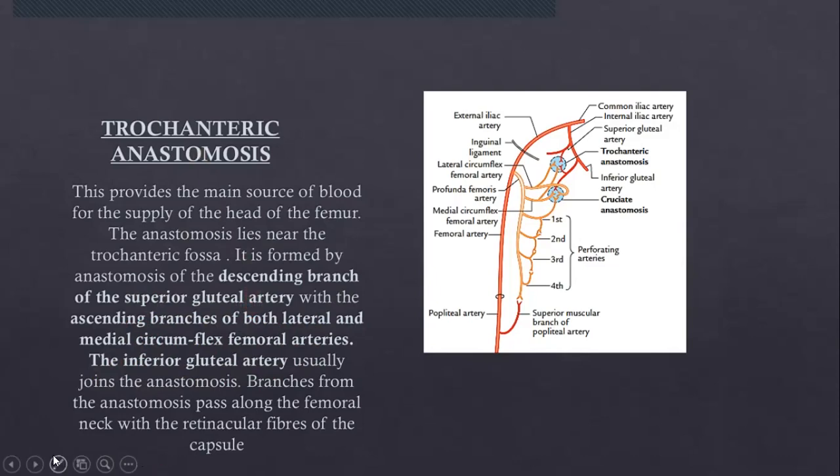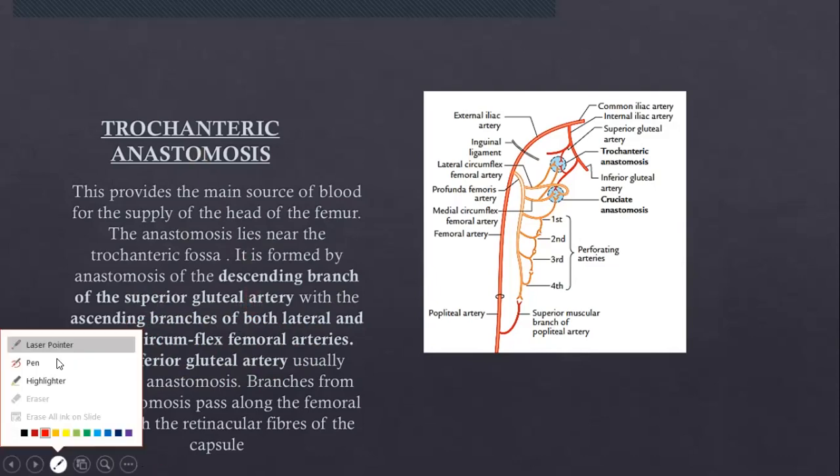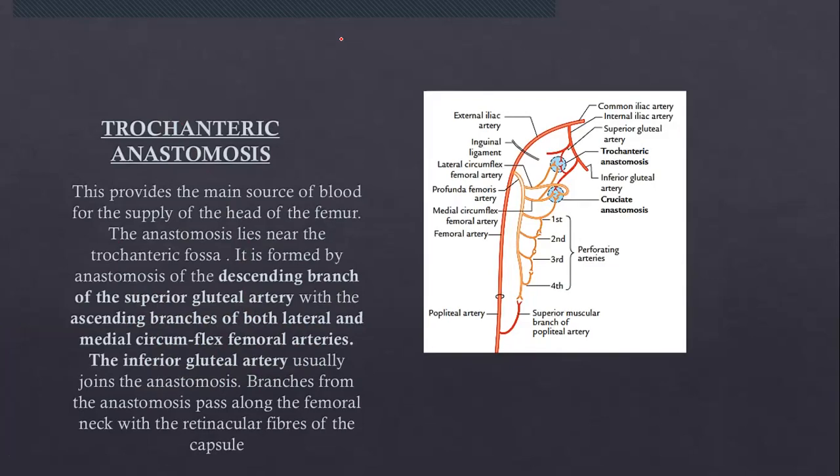So I usually draw it like this. Okay. So this is the descending branch of superior gluteal artery. Then we have two ascending branches. If this is the lateral side and this is the medial, this is the ascending branch of lateral circumflex femoral artery.